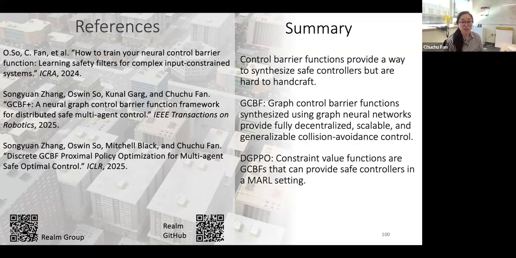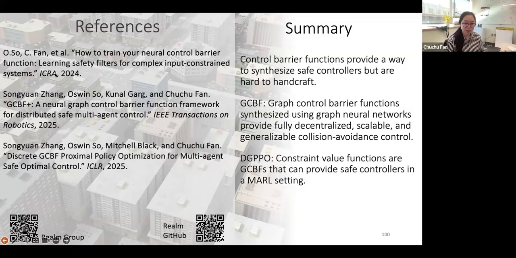So in this way, it's very good for us to just use the constraint value function within the multi-agent reinforcement learning or simple RL setting. So we can use the constraint value function in the RL setting, so we can get a good performing policy that is also safe.